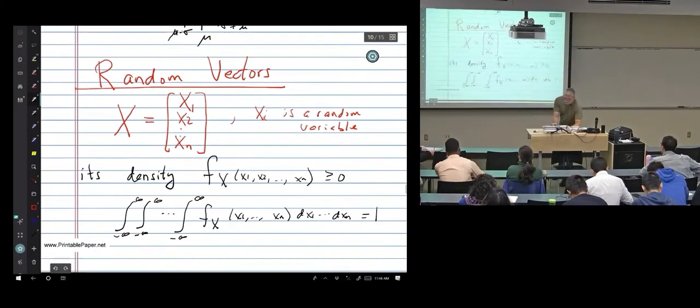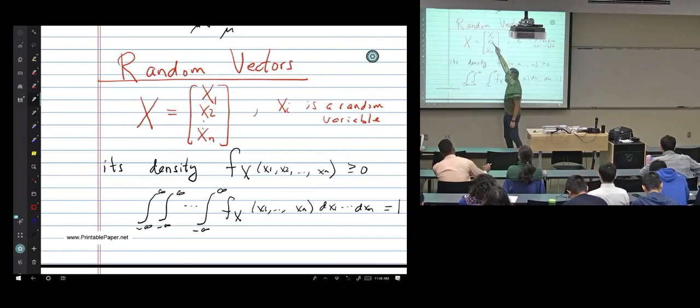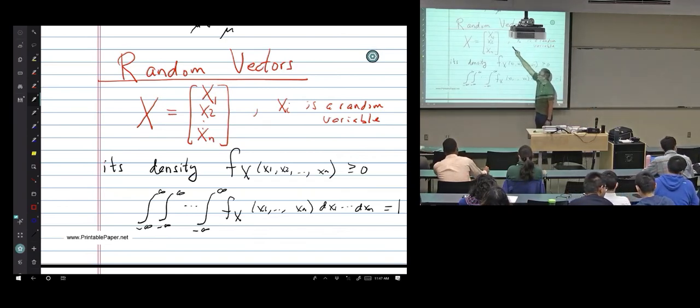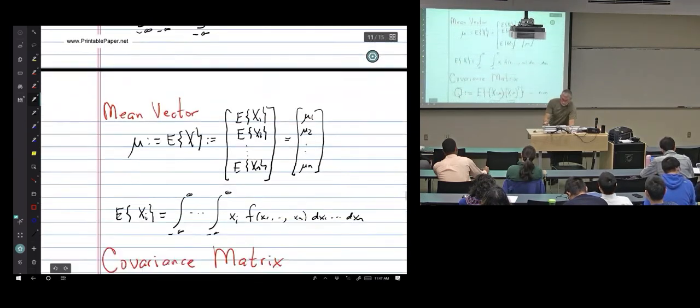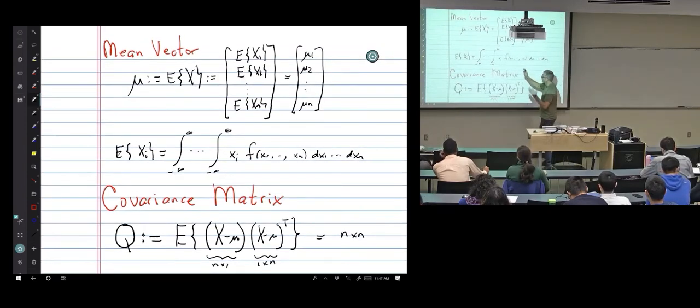As engineers, unfortunately, random variables are not very interesting. It's random vectors that we need to work with. Each component is a random variable. If we have to do things with densities, we have a nightmare facing us because we have these iterated integrals. There's two very important quantities. One is the mean vector, average value of each of the components.